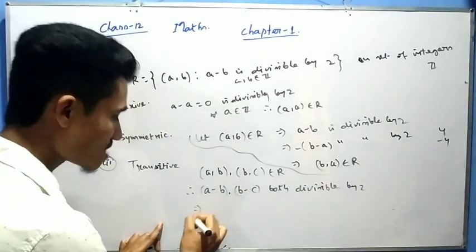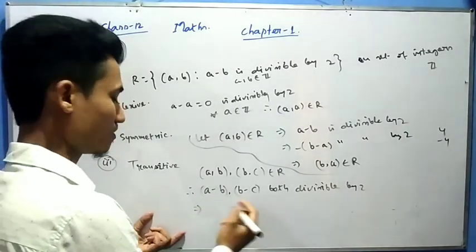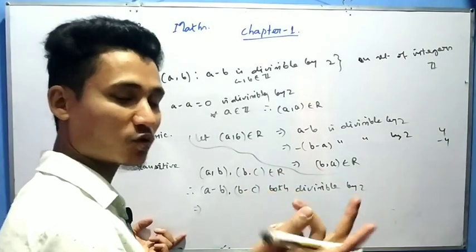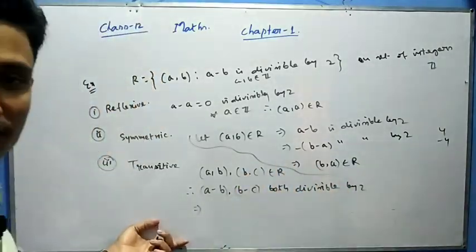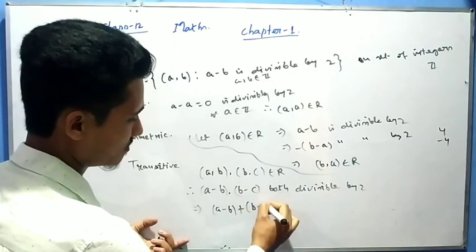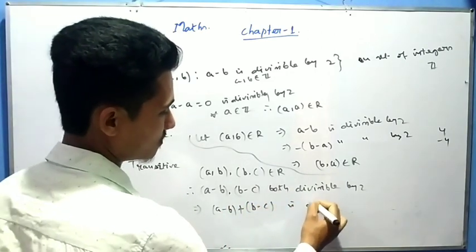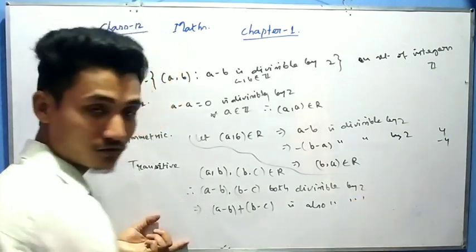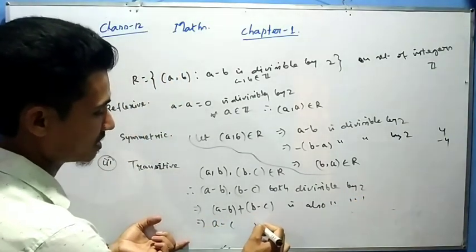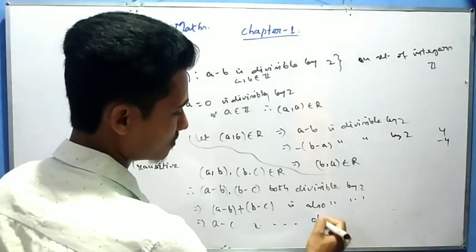If two numbers are both divisible by 2, then their sum is always divisible by 2. Suppose for example 4 and 6 are both divisible by 2, then their sum 10 is divisible by 2. So you can say A minus B plus B minus C is also divisible by 2. So this implies minus B plus B get cancelled, so A minus C is also divisible by 2.